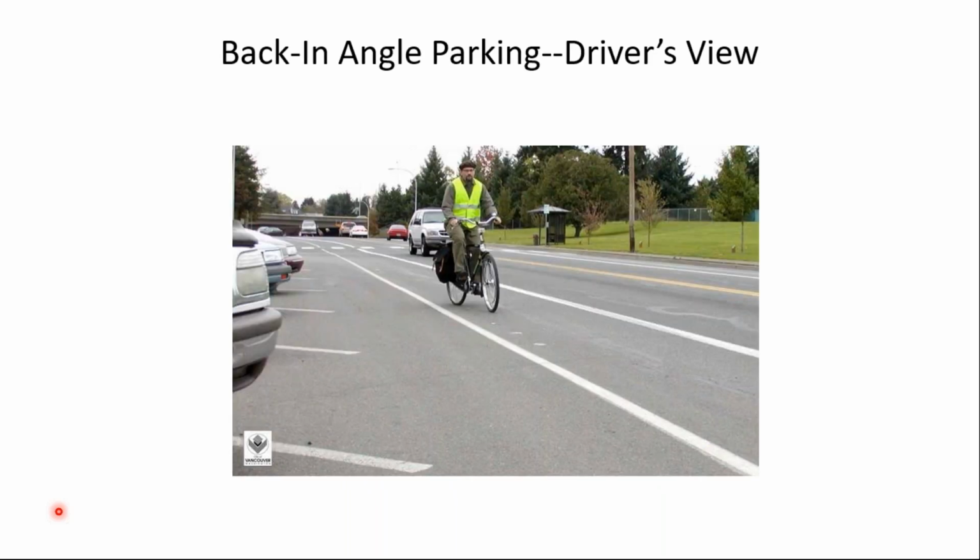But it also provides good sight lines for drivers, so they can see oncoming bicyclists clearly and hopefully yield for them until they've passed. And back-in parking does seem to become more common, at least my perception over recent years in observing diagonal on-street parking.